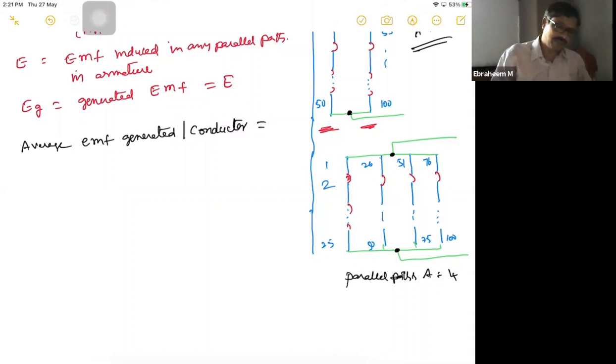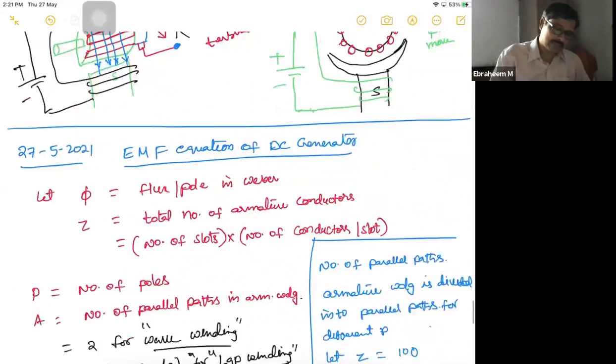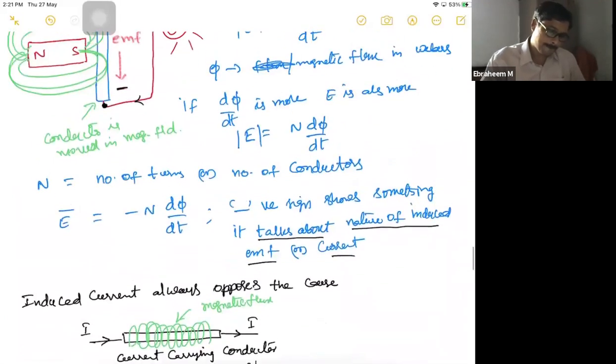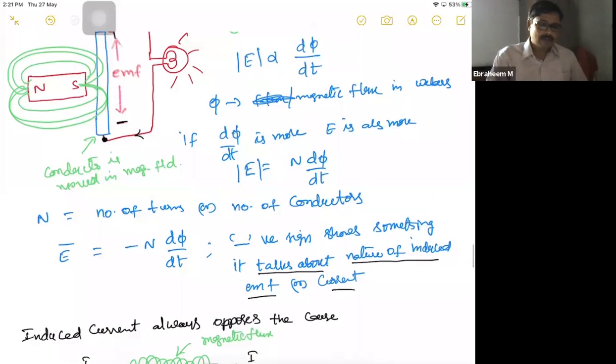See, what is the formula for EMF induced in a conductor according to Faraday's first law? EMF is proportional to d phi by dt, right? Or E is equal to n d phi by dt.